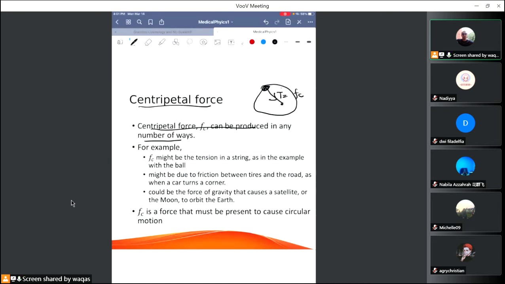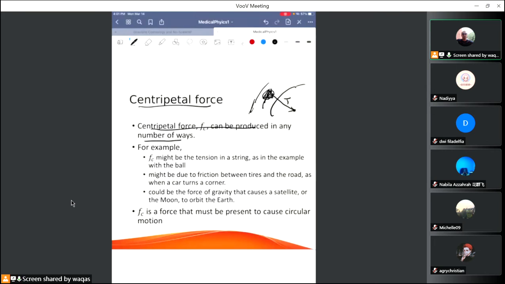The other example is the friction between the tires and the road when a car turns a corner. For example, this is the road and this is your car, and the car wants to turn.